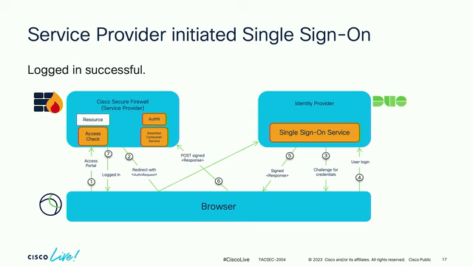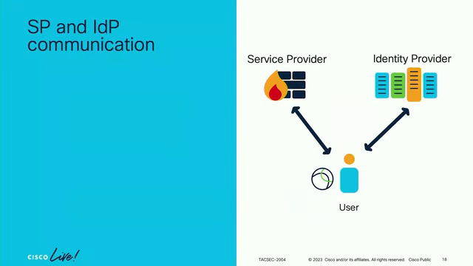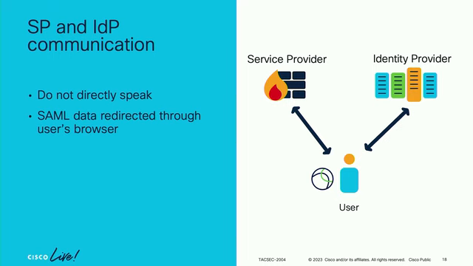Okay, I would like to highlight 3 main points for this communication between the service provider and identity provider. The first one, the service provider and identity provider do not directly speak to each other. But all the SAML data is being redirected using the web browser of the user. So at this point, it is important to highlight that the user needs to communicate to the service provider and to the identity provider.